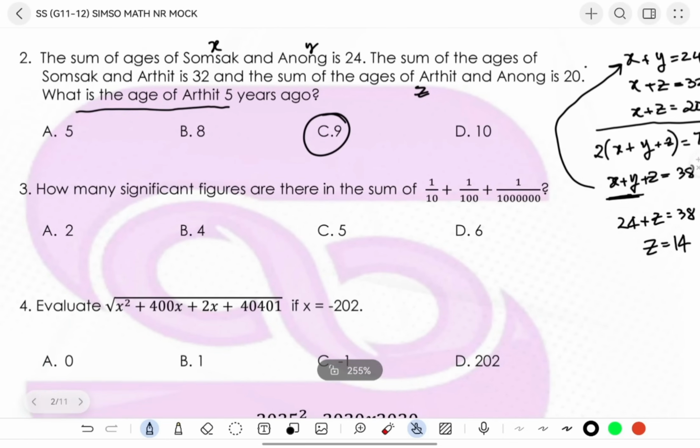You can just convert that into decimal numbers very quickly. So this would be 0.1, 0.01, and 0.000001. As you see, how many decimal places do we have? Isn't it 6?